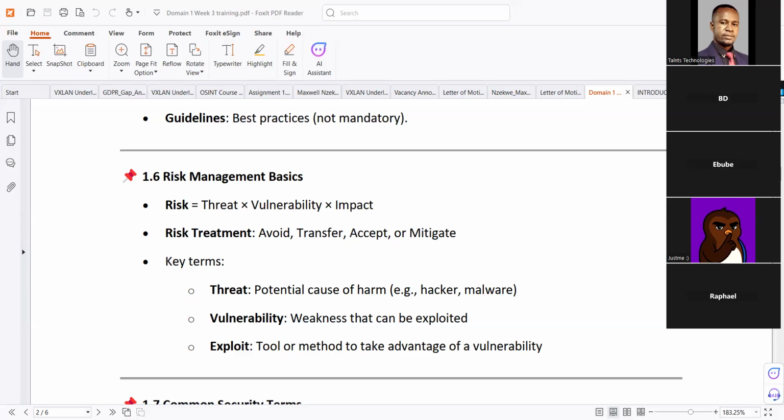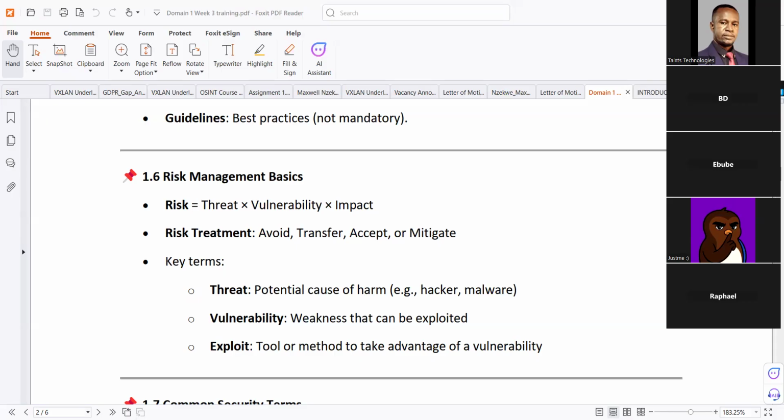What is impact? Impact is the damage that risk caused. So if the risk eventually happens, there is going to be data stealing, data breaches, financial losses, network downtime, operation inefficiency. These are impacts.